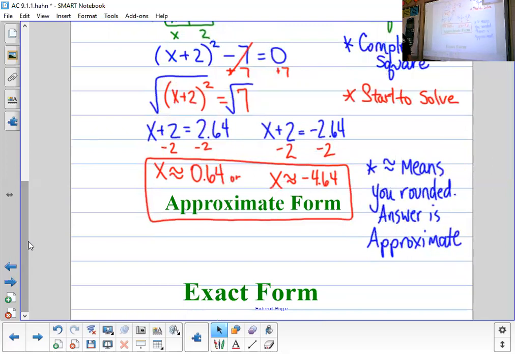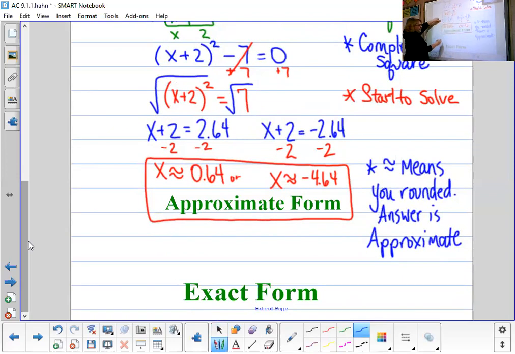All right, what if I wanted to put it in exact form though? Because exact form is more exact. That would mean we leave the square root as a square root. So when we're taking the square root of both sides, I would have x plus 2 equals the square root of 7, or x plus 2 equals the negative square root of 7. And that negative sign isn't under the square root.